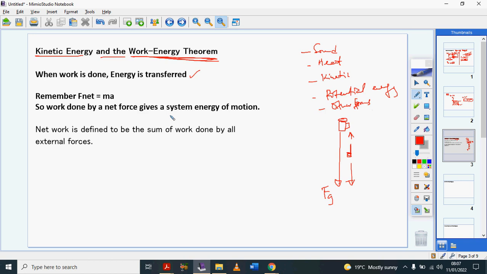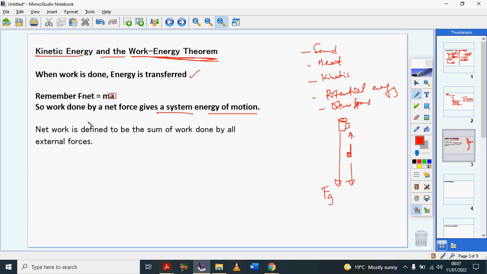Now, what is this transfer of energy, or what does it look like? I hope you guys remember Newton's second law says F net is equal to ma. So that means that when work is done by a net force, it gives a system energy of motion, because this acceleration is representing motion.